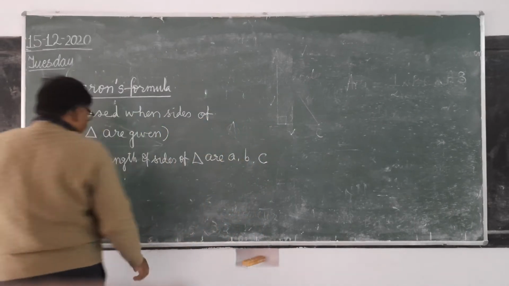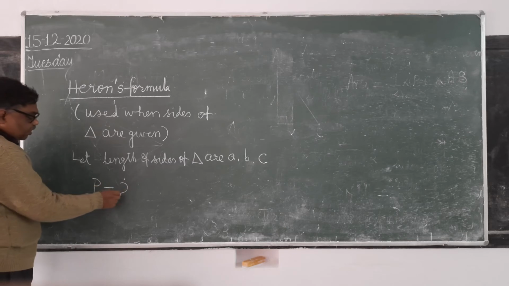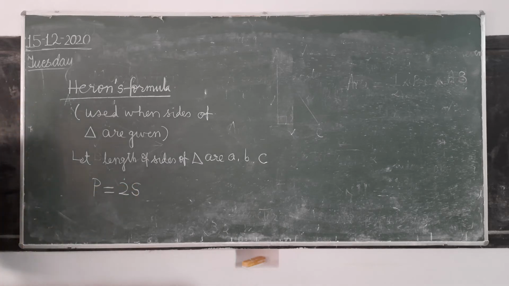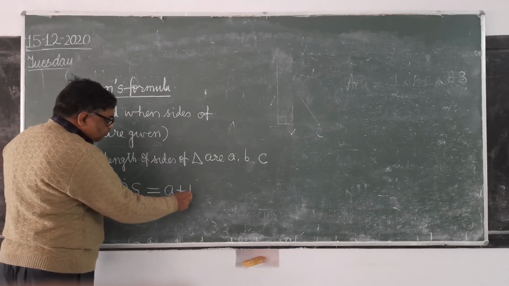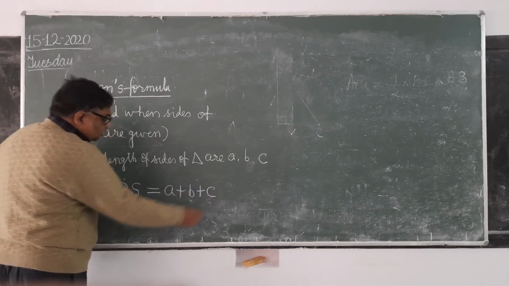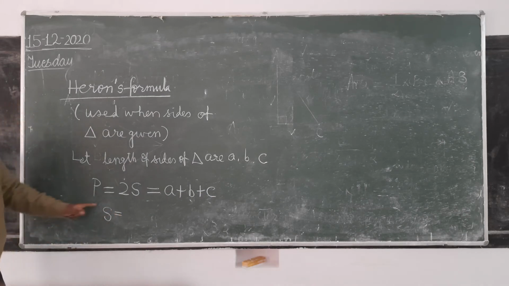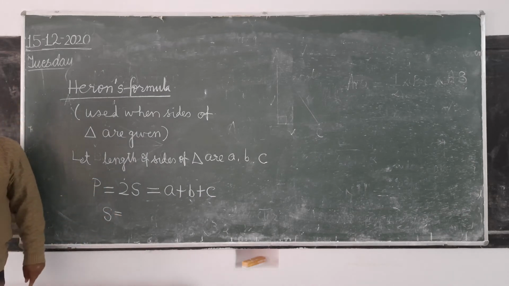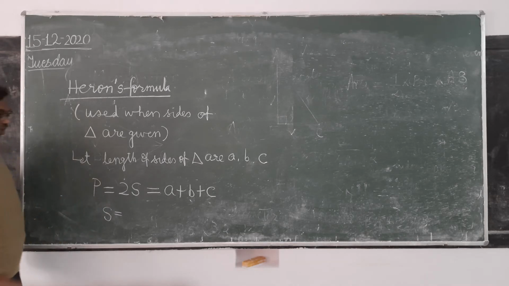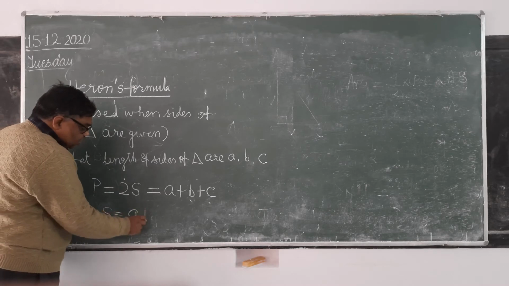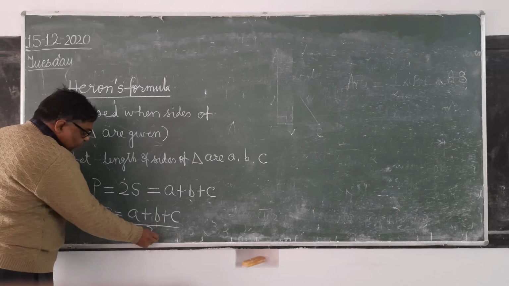So it will be a plus b plus c. Here we denote the perimeter by 2 into s. 2s equals a plus b plus c. So what will be s? It is half of the perimeter. This we call the semi-perimeter. It will be equal to a plus b plus c whole divided by 2.